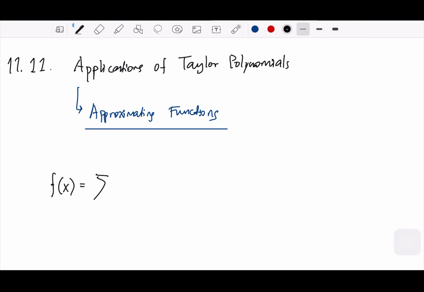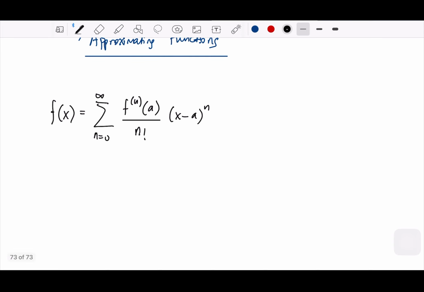Okay, if we look at the functions, we can define this in terms of a sum. Generally we can write this approximation. And then we also remember that we can write the partial sum.